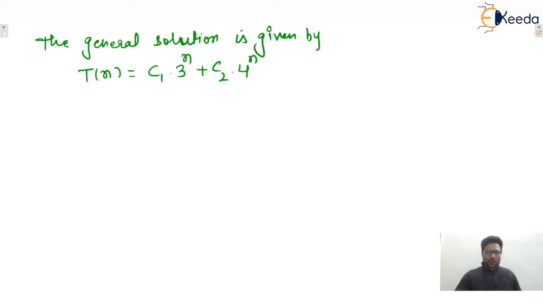You can write in any order, no problem at all. First you write 3 or first you write 4, no problem at all. So let us say this is equation 1, isn't it?